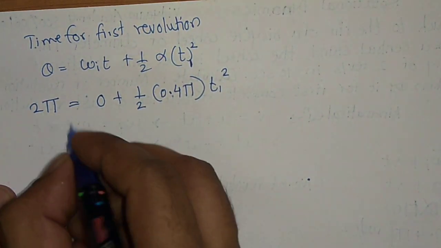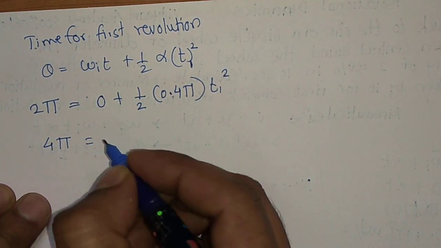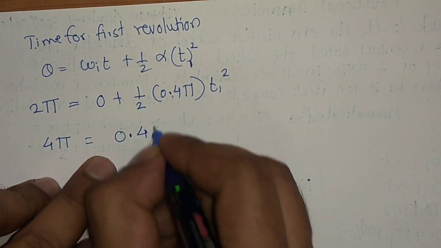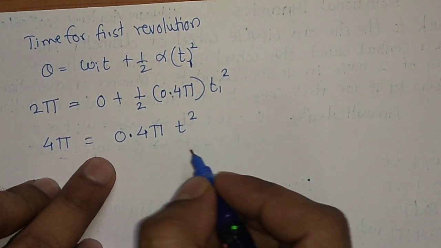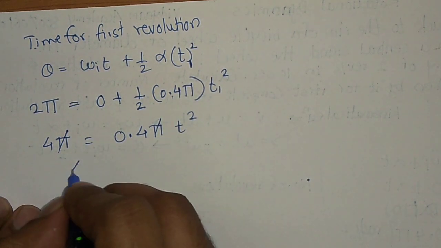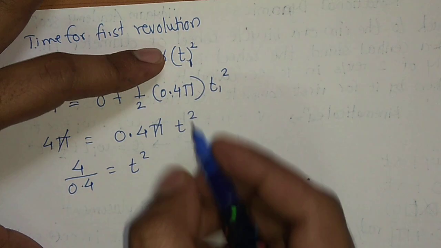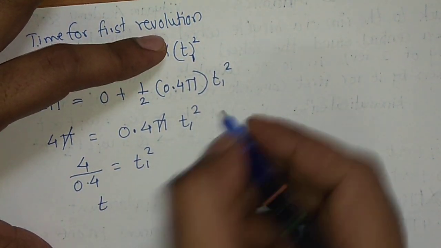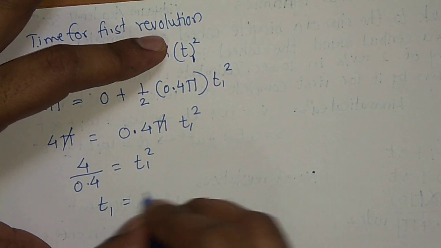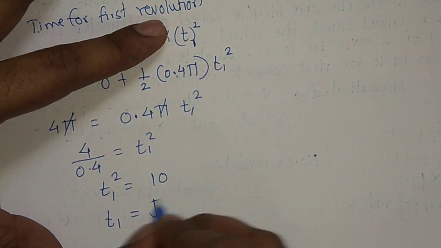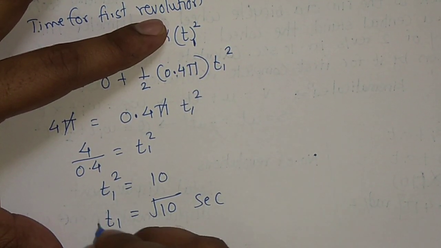Half will go to that side, so it becomes 4 pi equals 0.4 pi t1 square. Pi will get cut out, so 4 divided by 0.4 equals t1 square. So t1 square will be 10. What is the value of t1? It is root 10 seconds.